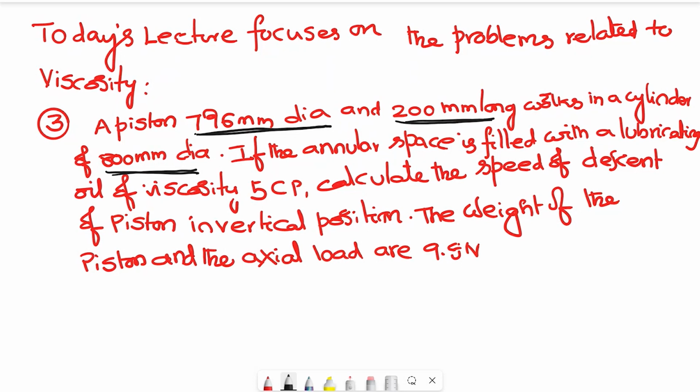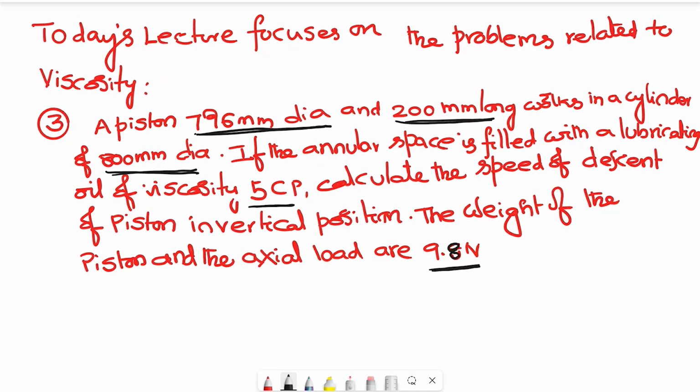That is basically 200 long, right? Now, the annular space means the space between the cylinder and the piston walls. This space is filled with a lubricating oil of viscosity 5 centipoise. Next, what he wants: what is the velocity of the piston while moving down? Next, what is the weight of the piston that he has specified? 9.8 newtons.